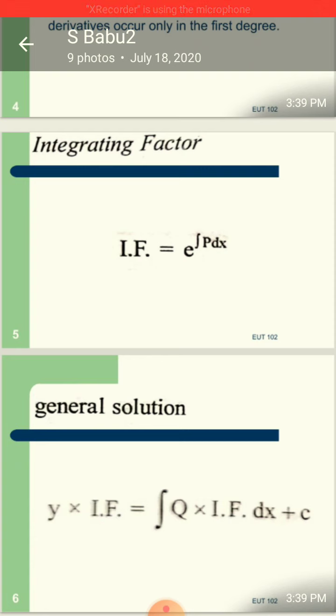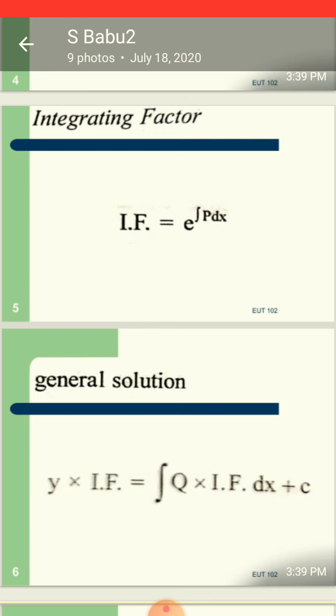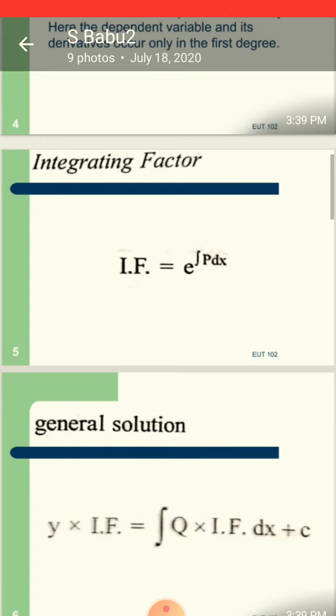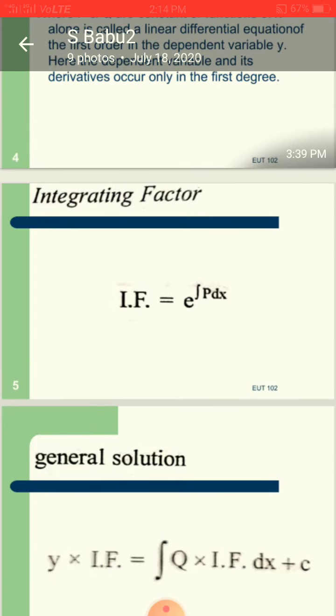How to get a linear differential equation solution, that is the main thing we have to consider. How do we find the solution of a differential equation? Before finding the solution, first we have to find the integrating factor. Integrating factor's definition, how we can find it, that is the main thing we have to consider.